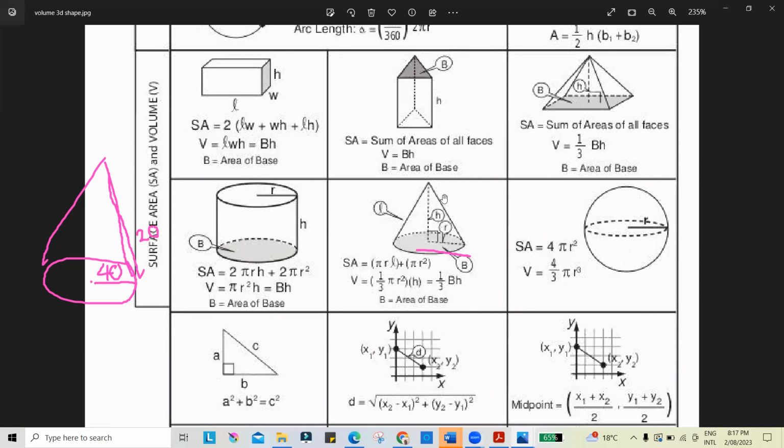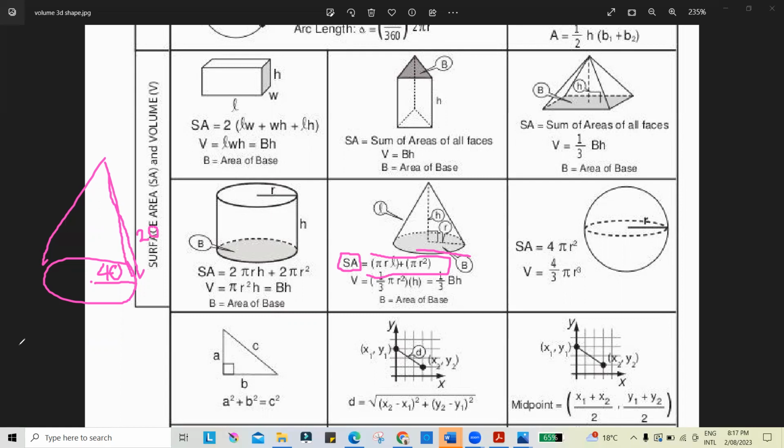Now, can you draw this cone first? See surface area SA, right? It is given this one, πrl plus πr². Now r is 40, l is 20, π is 3.14, right?